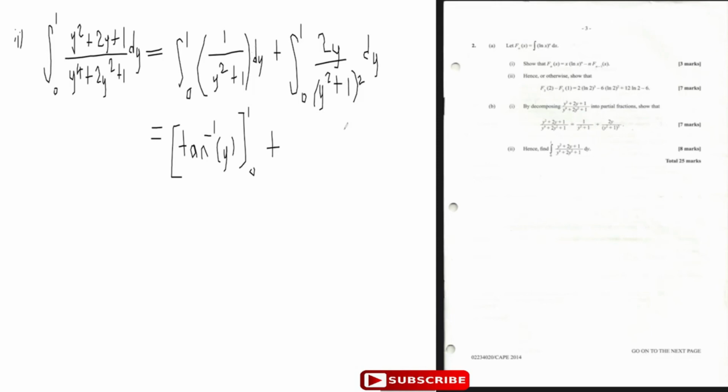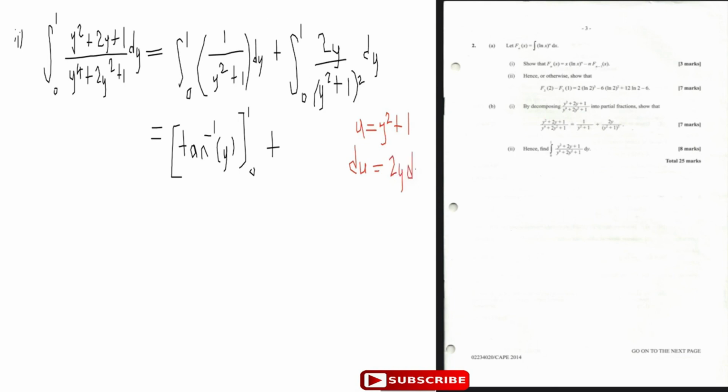If we were to call u y squared plus 1, then I would realize that du would be 2y dy.